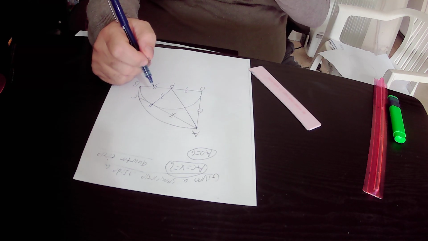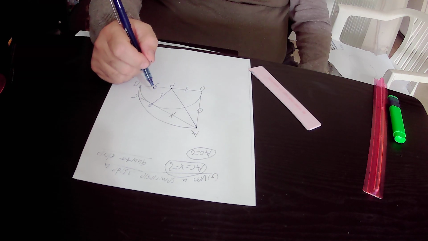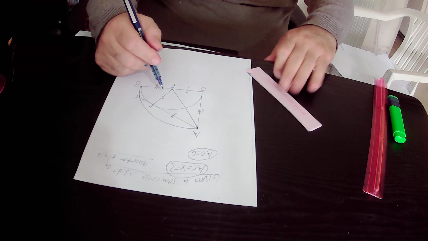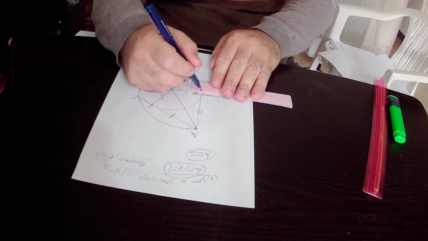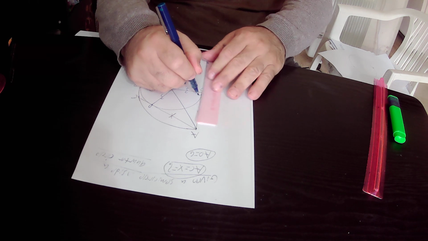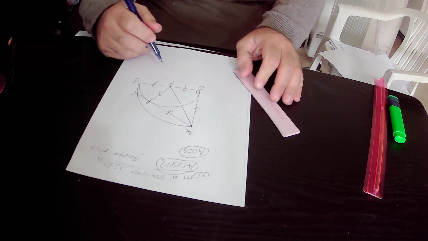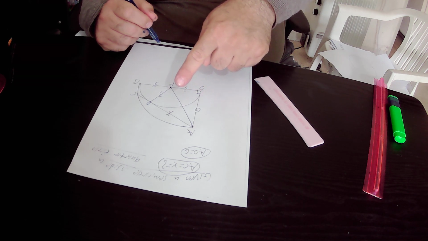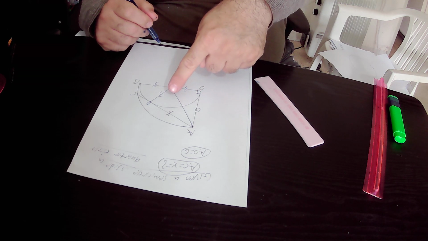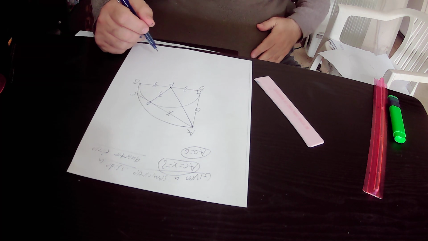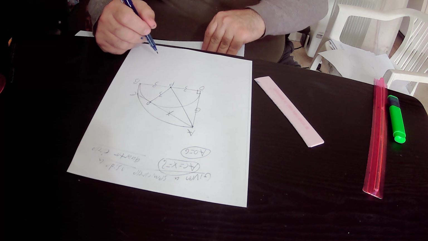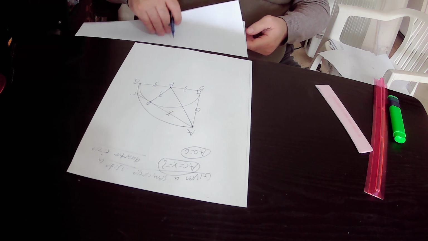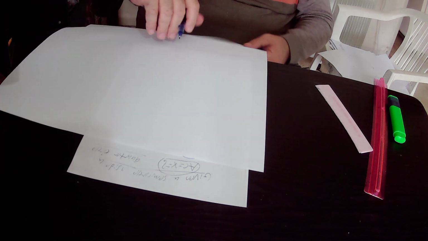Here, we have already found out that this again equals 90 degrees. We have already found out that triangle AOP is congruent to triangle APD. I write it down.